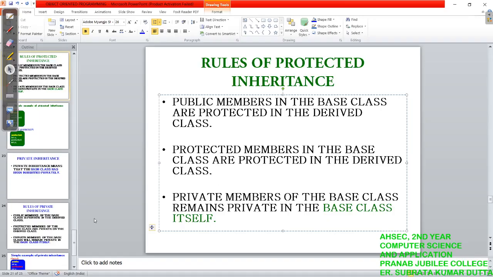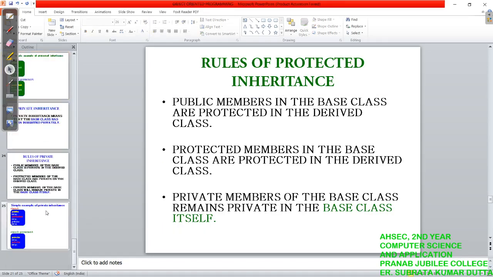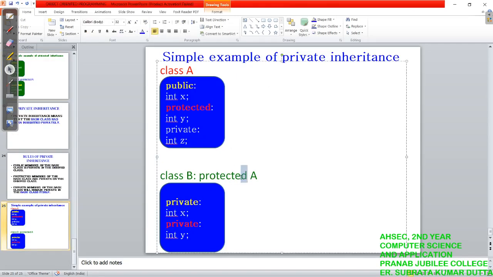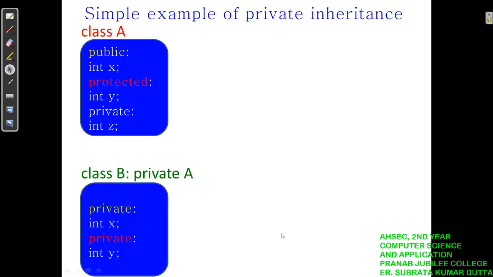So I have made a mistake, it will not be protected, it will be private, right? See, class B I have inherited from class A with visibility mode private. Since the visibility mode is private, the public member will become private.